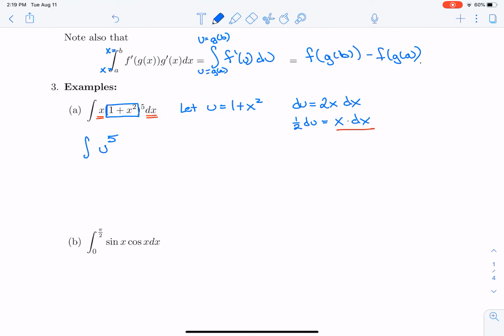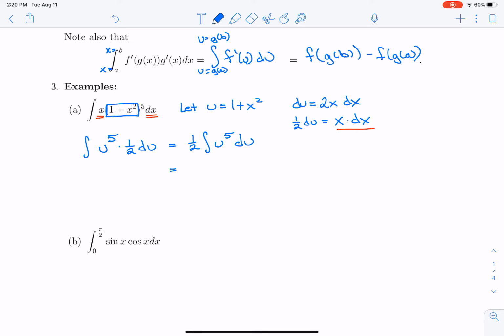So I'm going to write times 1/2 du. Now I have a fairly simple integral that I can do using the power rule. So I'm going to rewrite this to be 1/2 times the integral of u to the 5th du.